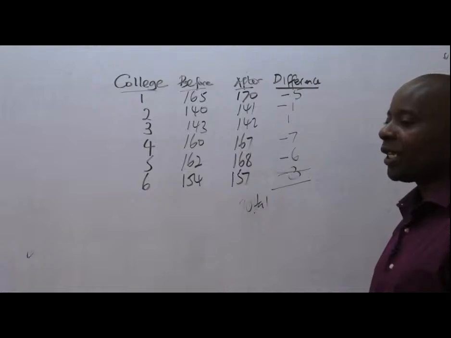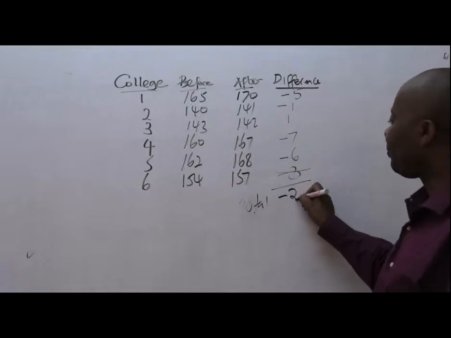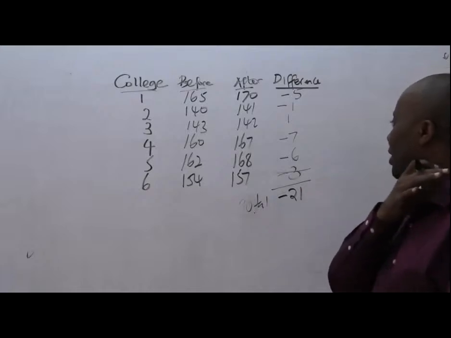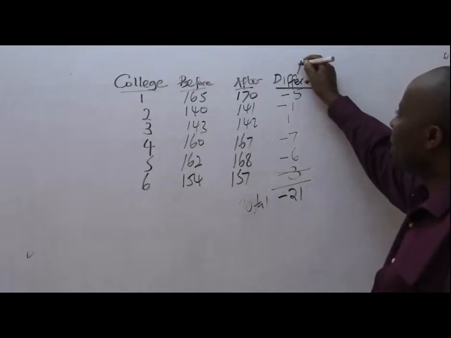Not absolute, don't give me absolute. Minus 21. So after getting that, of course, these are our X variable.